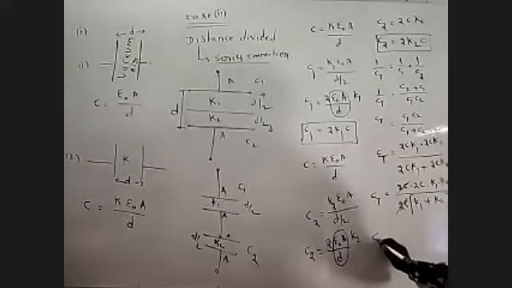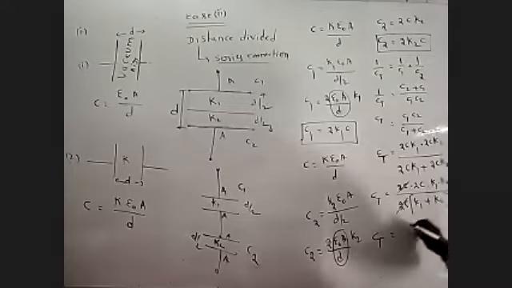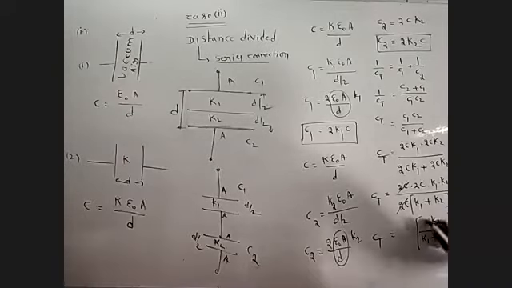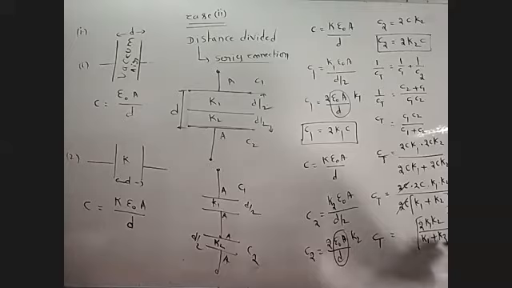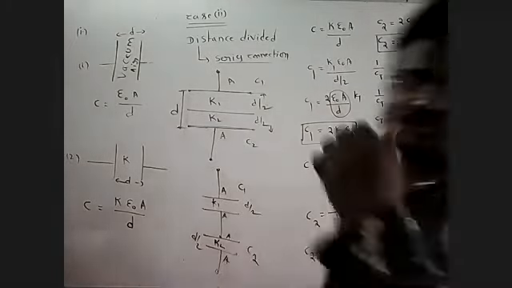So C total is equal to 2 K1 K2 by K1 plus K2, into C. This is the C total value. We are going to solve like that.